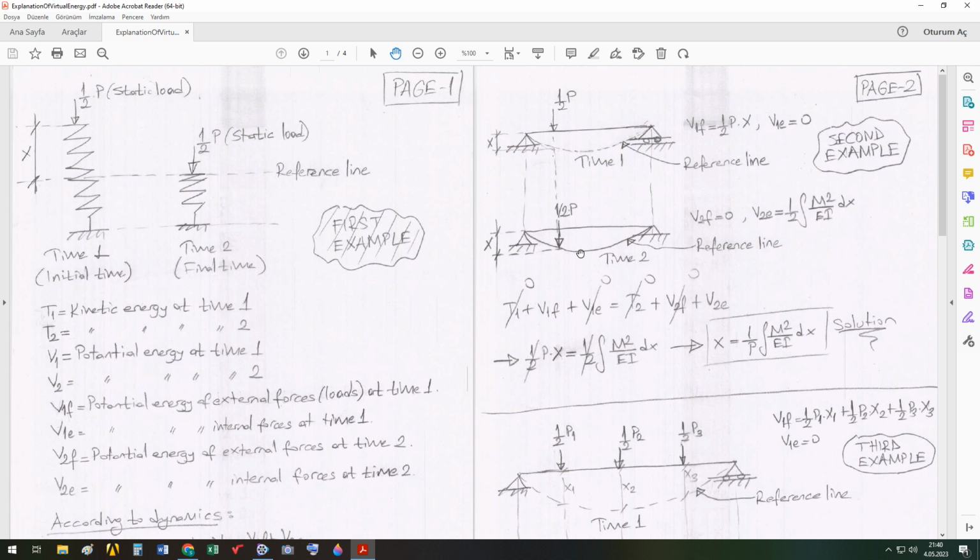Actually, I didn't need to select the equilibrium position. I can select the reference line as any line when I'm writing this. It's important to notice this also here. Anyway, the reference line is selected as this line. I select the reference line, this line. Okay, I can select arbitrarily any line.